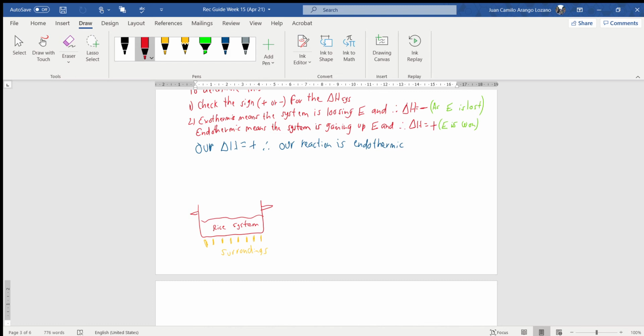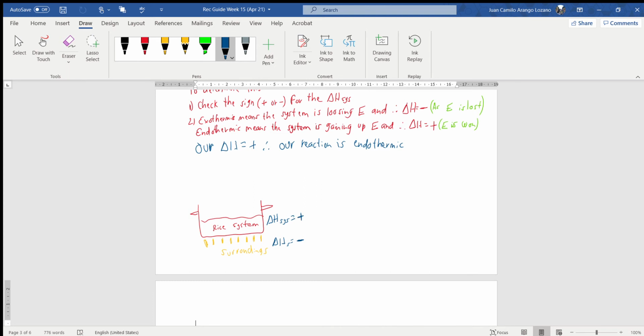Let's think of it. Your surroundings are losing energy because you are applying that energy to your pot with your food, right? Therefore, let me just change the colors. We should expect that my surroundings, and I'm going to express that as delta H sub S, should be losing energy, and the delta H for my system is going to be gaining that energy.